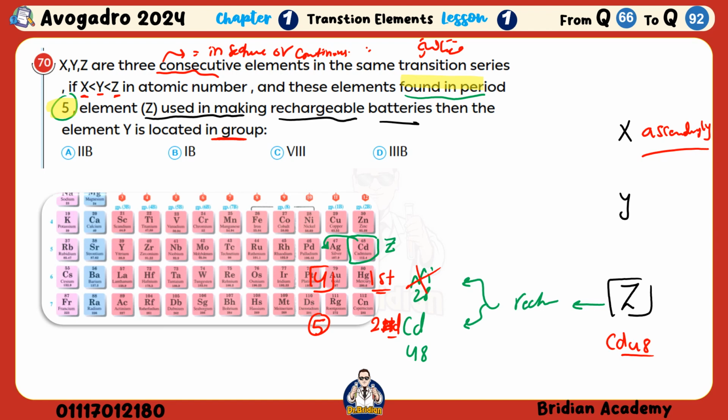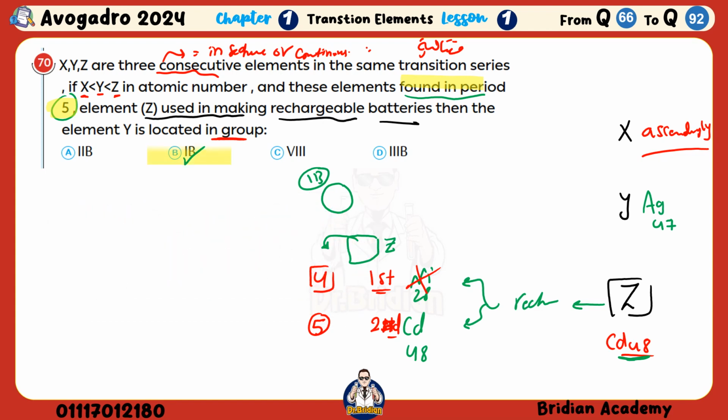If this is cadmium 48, Y will be silver 47, and silver 47 is located in group 1B. So the right choice is letter B, group number 1B, and element Y refers to Ag 47.